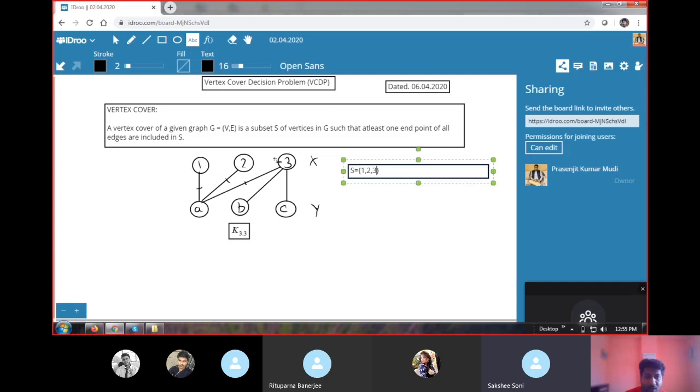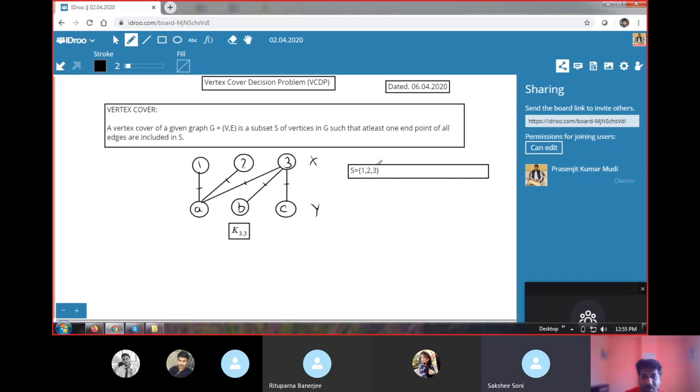Okay, 1, 2, 3. How? As I have included vertex 3, this edge has one endpoint which is 3, so already that is included. That means this edge is covered. Similarly, this edge is also covered because one endpoint of this edge is 3.